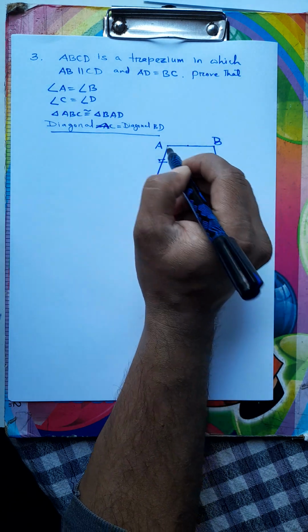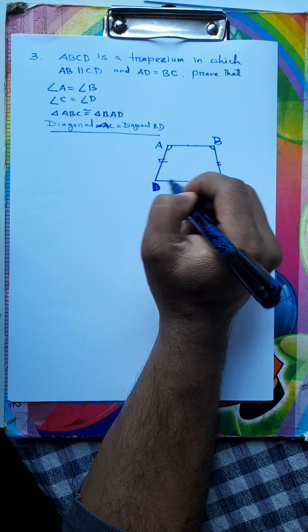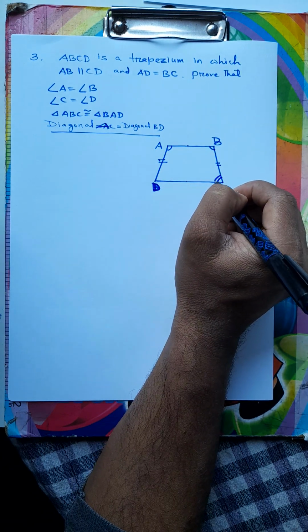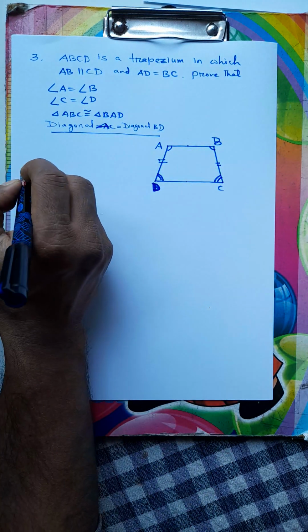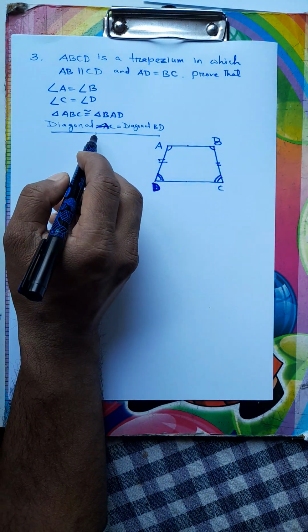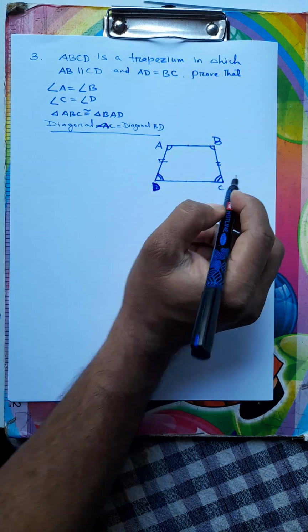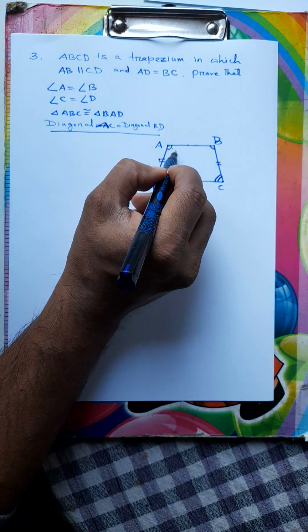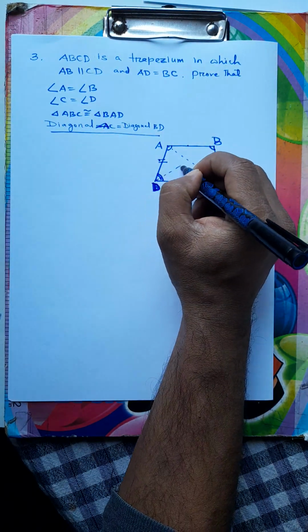We have to prove that angle A equals angle B. These two angles are equal. Then we have to prove that angle C equals angle D, right? And diagonal AC equals diagonal BD.